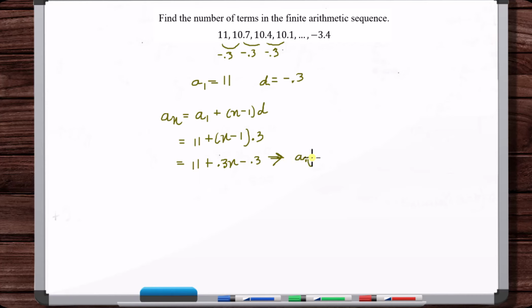So A sub n is equal to negative 0.3n plus 11 plus 0.3, which is 11.3.